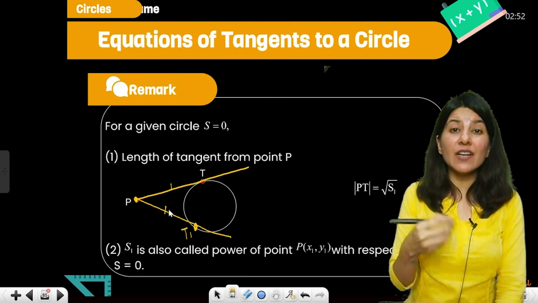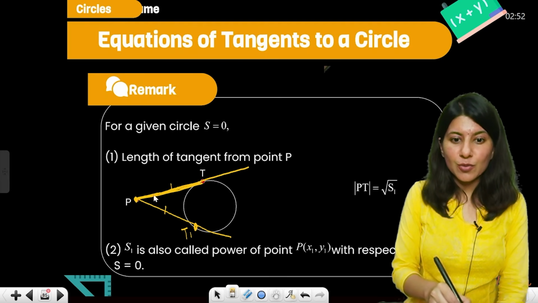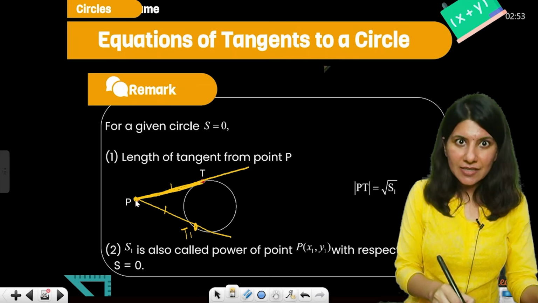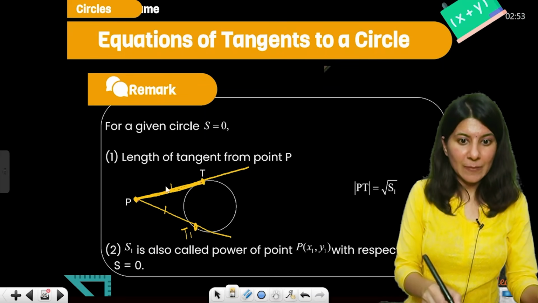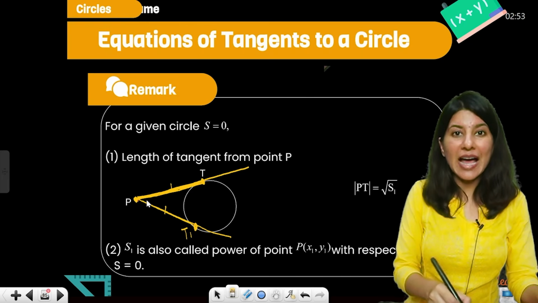Both tangents' lengths will be equal, right?